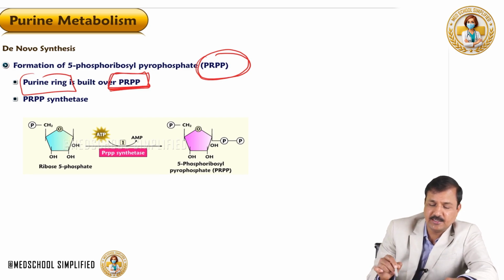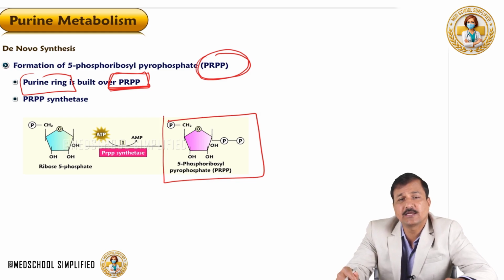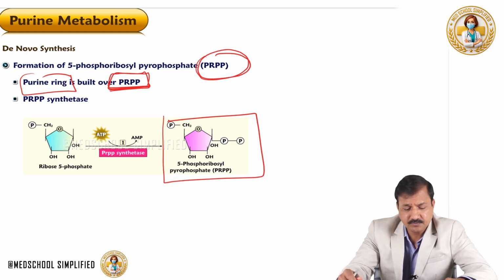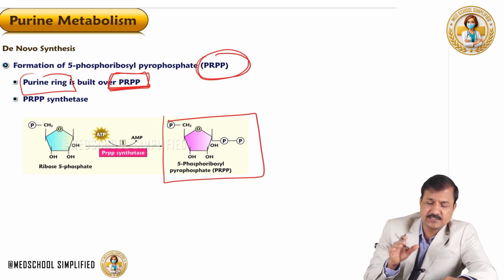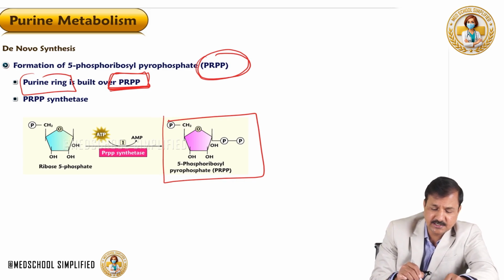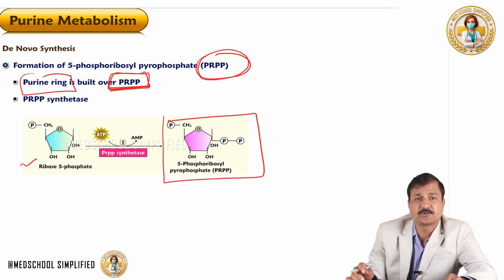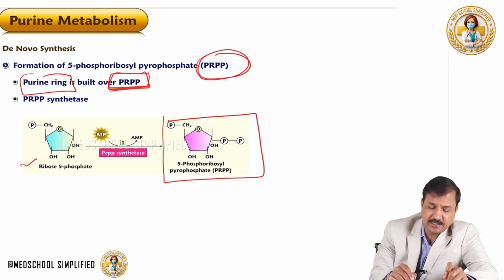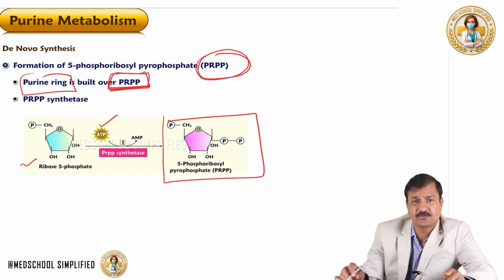Phosphoribosyl pyrophosphate is the initial requirement over which the purine ring is built from scratch. So how is PRPP synthesized? You must remember how this happens, because it is the one that is most essential to initiate purine nucleotide biosynthesis. PRPP is synthesized from ribose-5-phosphate, which is coming from the pentose phosphate pathway. So ribose-5-phosphate takes a pyrophosphate from ATP.